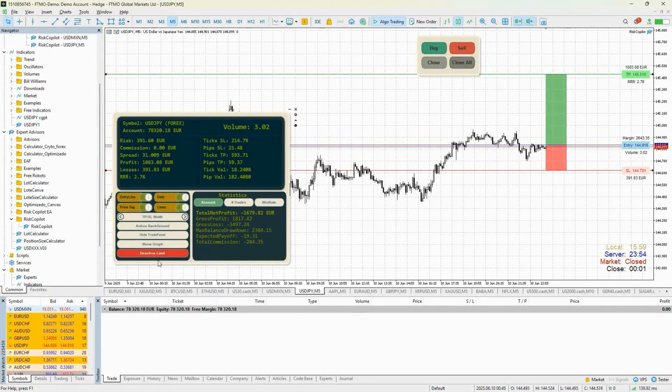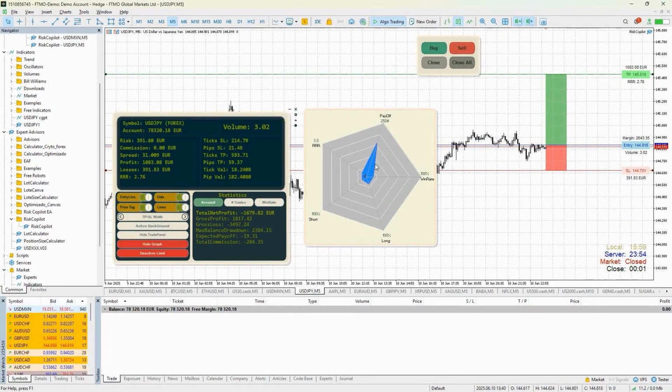Now, there's something different here in this expanded interface, which is the show graph. It shows me a graph that is purely statistical, a visual aid, in a spider chart that allows you to visualize a little better how your operation is. Let's say a graphical representation of your operations in these 5 categories that I think Irene is improving, adding, removing as we evolve in the updates from RiskCopilot.